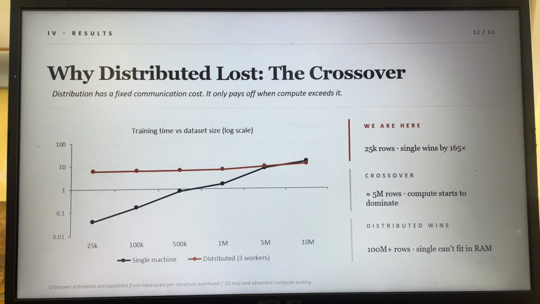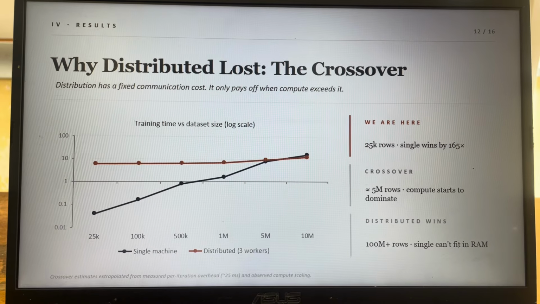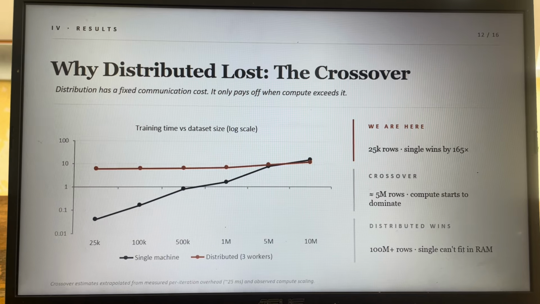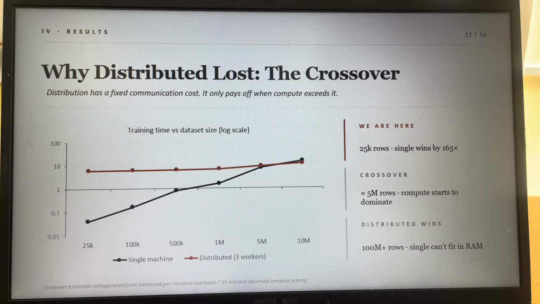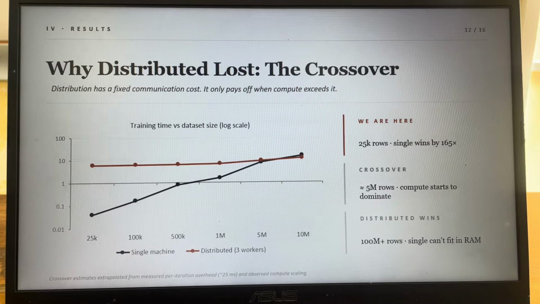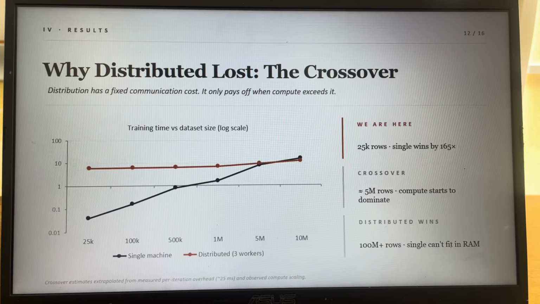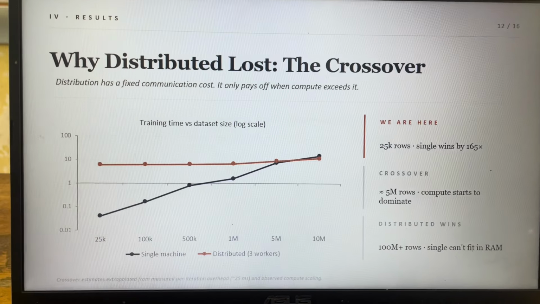That's where the distributed machine starts to dominate the single machine, since the more data there is, the more it can't fit in the RAM. So the single machine starts to slow down, and then the distributed one starts to dominate.